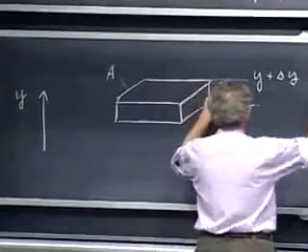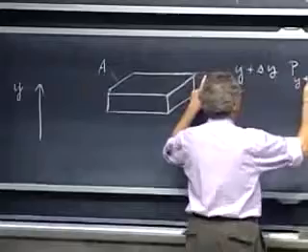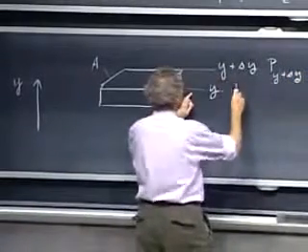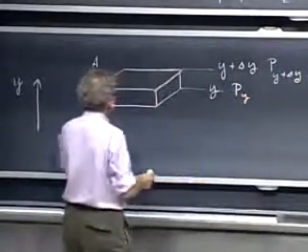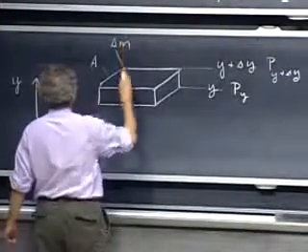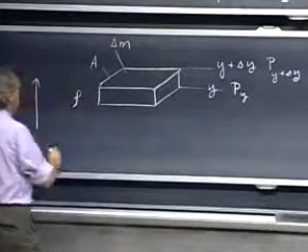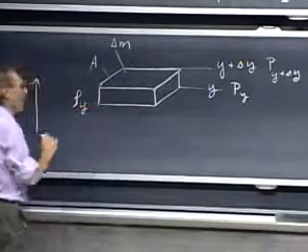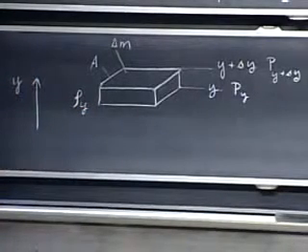And the pressure here is P of y plus delta y, and the pressure here is P of y. And this object has a mass delta m. And the liquid has a density rho, which could be a function of y. We will leave that open for now.